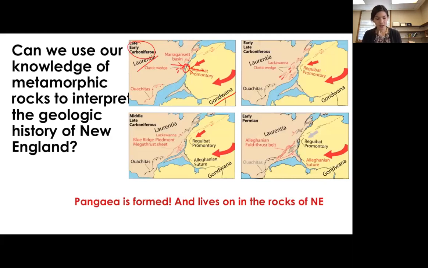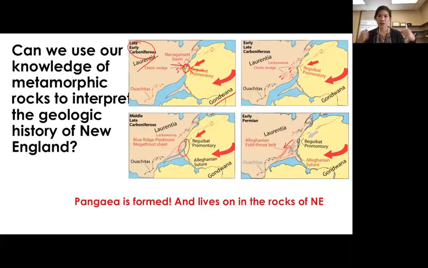And as we progressed to the middle to late Carboniferous, that collision or that suture, so suture is what we call it when two continents collide and kind of sew themselves together, that suture progressed towards the south, right? And then we see it progressing even further to the south in the Permian to form the Alleghenian Range. And this dynamic regional metamorphism is going to cause the metamorphic rocks that we just looked at in New England.